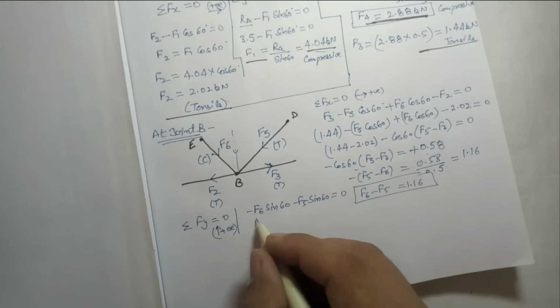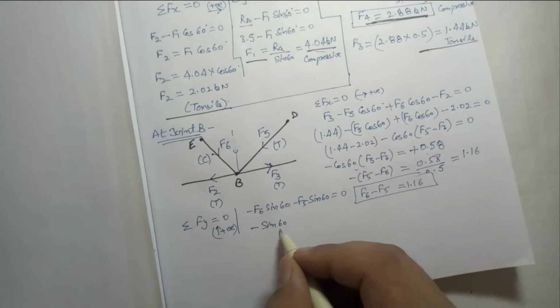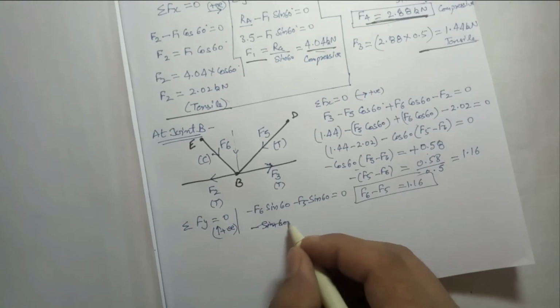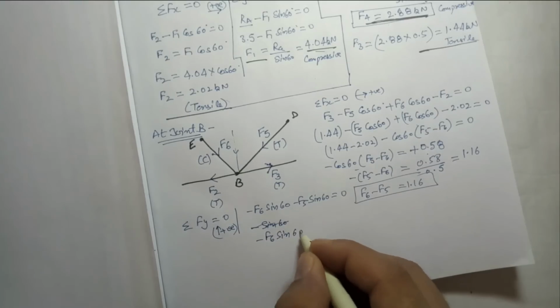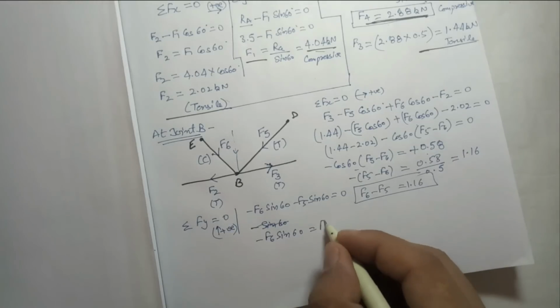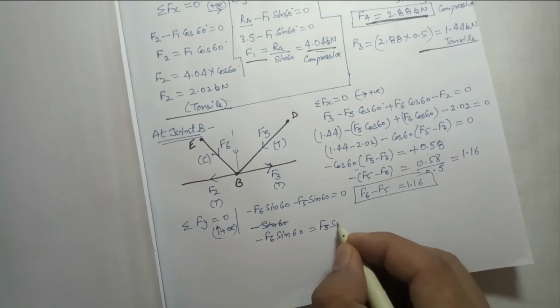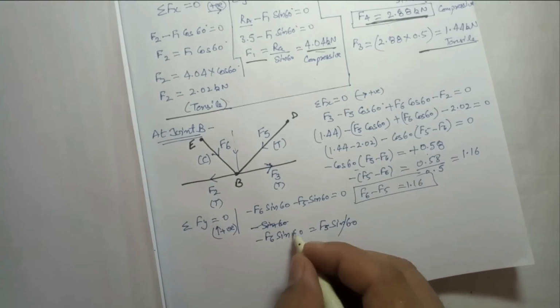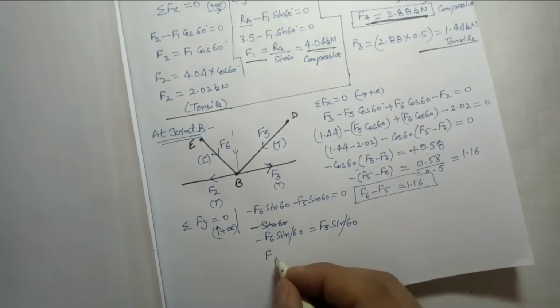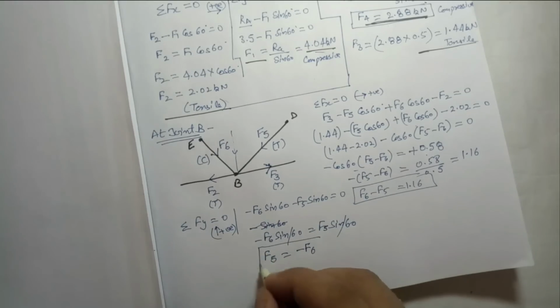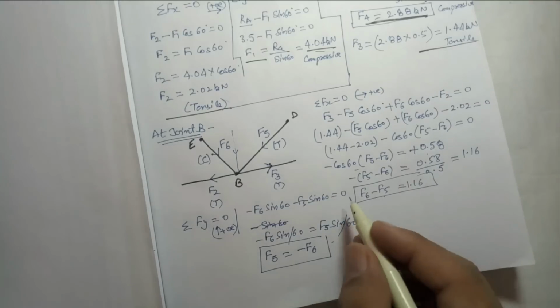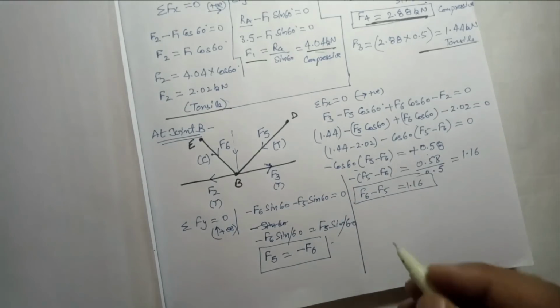So if I take out sin 60 common, or you can do it this way also: minus F6 sin 60 will go on that side and become positive, so it equals F5 sin 60. Now sin 60 cancels, so F5 is equal to minus F6. Now we can fill this value into the x direction equation.